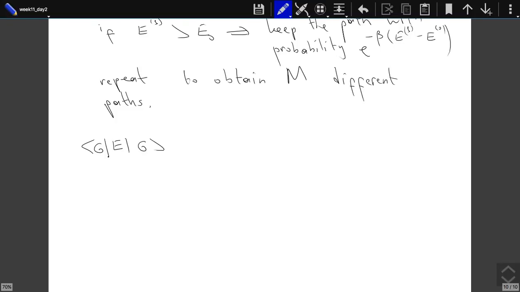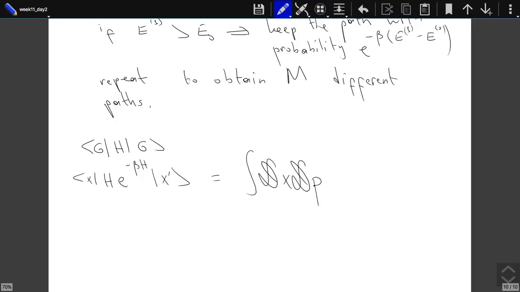Now let's look at this one. You might not know the ground state, but let's say you want to calculate the energy of the ground state. Well, you can do the same thing for all of these paths that you like. So this will be just a path integral.